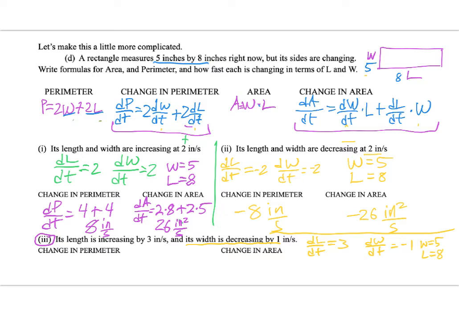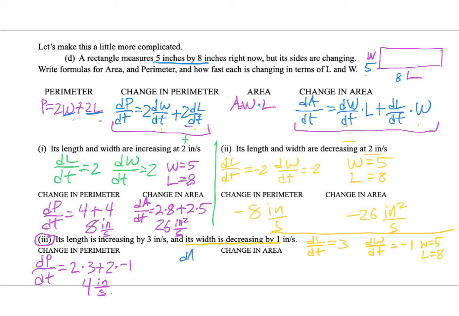Change in perimeter. So dP/dt is equal to 2 times dL/dt, which is 3, plus 2 times dW/dt, which is negative 1. That gives us 6 minus 2, which is 4, and that's in inches per second.